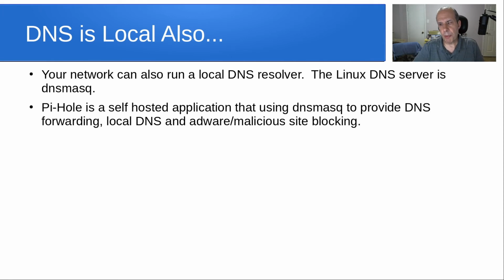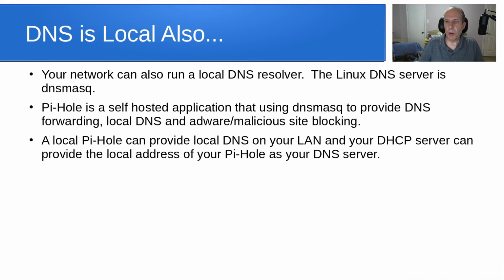A program called Pi-hole, which you see a lot of documentation and videos on the web, is a self-hosted application that uses dnsmasq to provide DNS forwarding, local DNS, and also the main reason why people use it is because it provides adware and malicious site blocking. Essentially it sits between you and the DNS server, so it's able to block a lot of ads and block malicious sites.